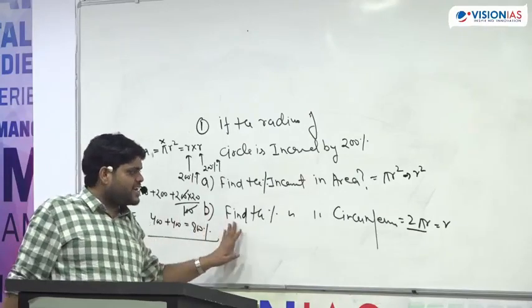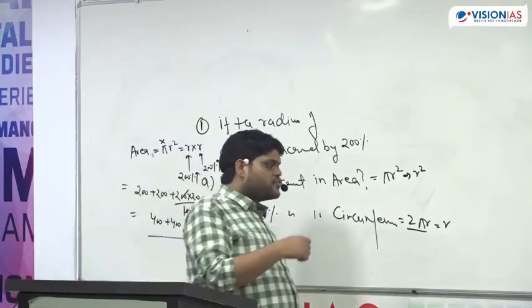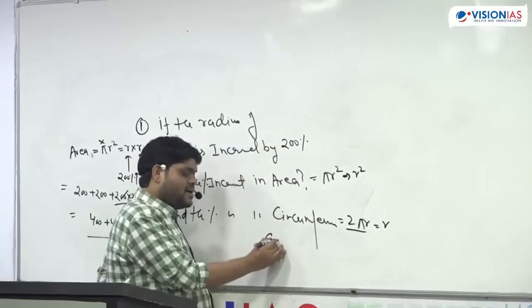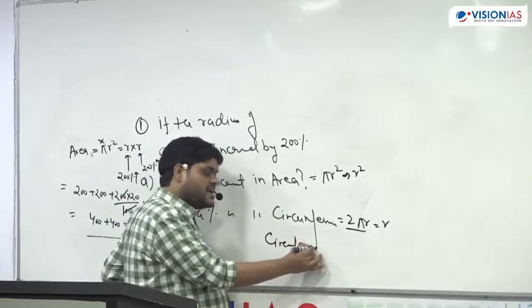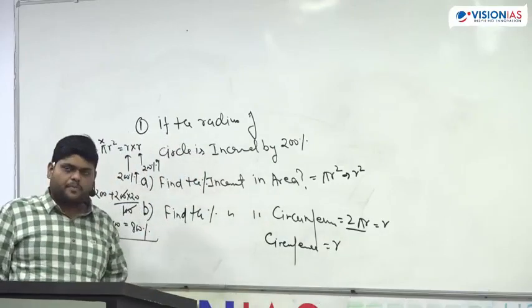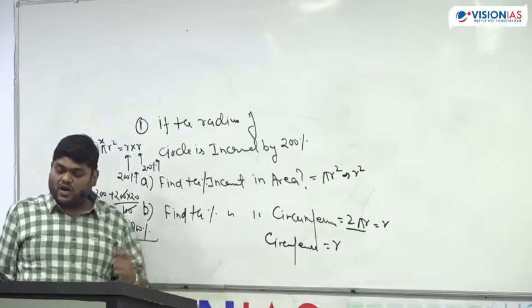Nice. The second one is to find the increment in circumference. So instead of 2 pi r, I told you the simple meaning is r. So circumference is equal to r. So r is increased by 200%. That means circumference is also increased by 200%.